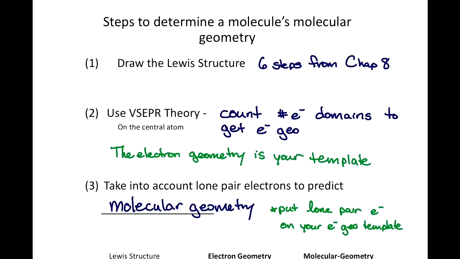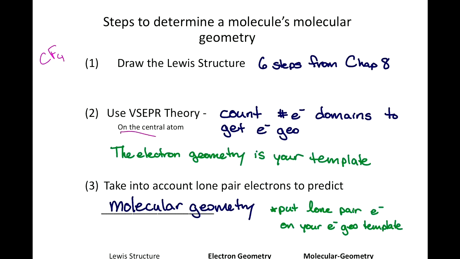geometry of a molecule. The first step is actually 6 steps, and that is draw the molecule using the 6 steps for Lewis structure. So if I give you a molecule like CF4 or something, you have to actually draw the Lewis structure first, especially if I don't actually give it to you, right? So once you have that Lewis structure, now you just want to inspect the central atom.